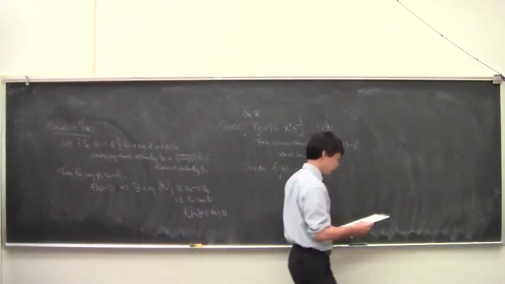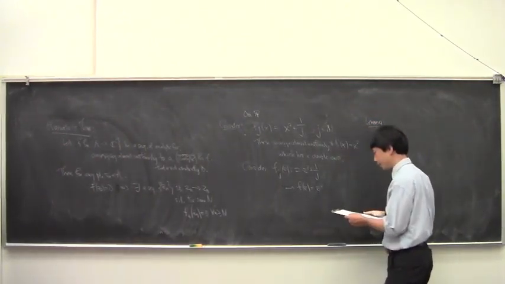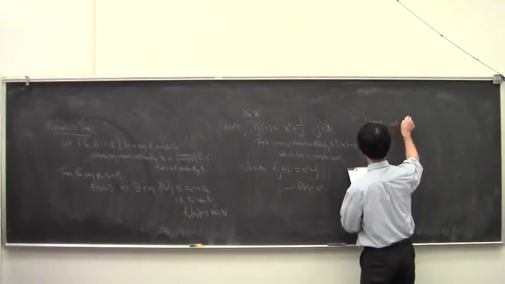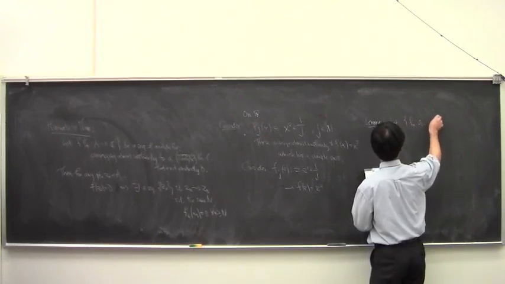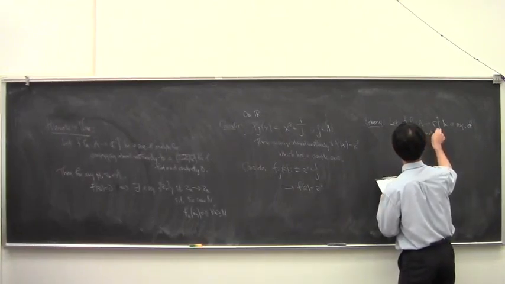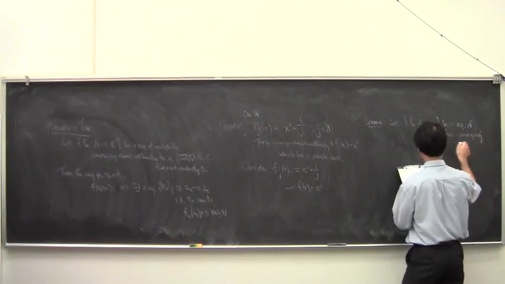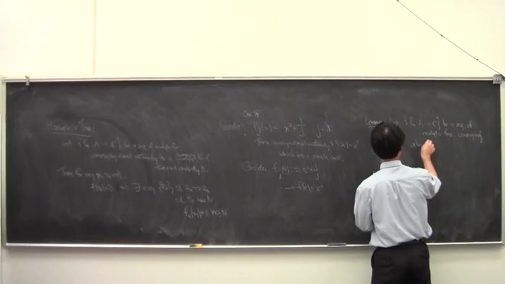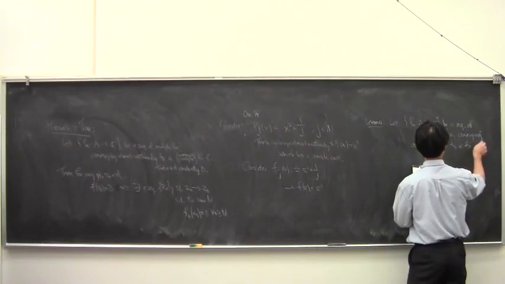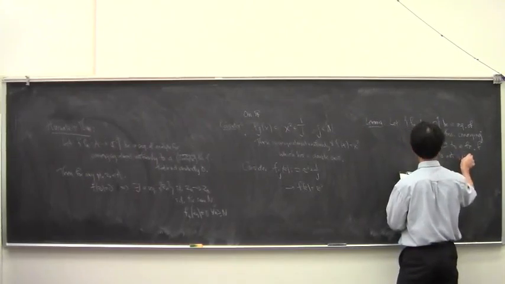So the proof of this relies on a lemma, which is a consequence of Rouché's theorem. Again, let f sub n be a sequence of analytic functions converging almost uniformly to a function f that is not identically 0.